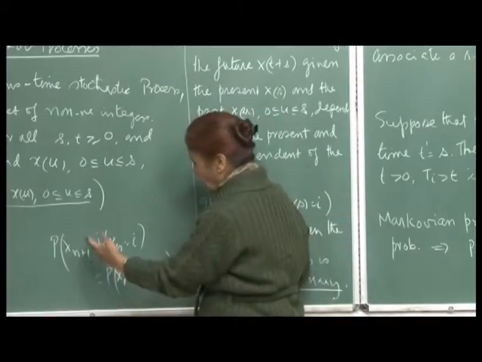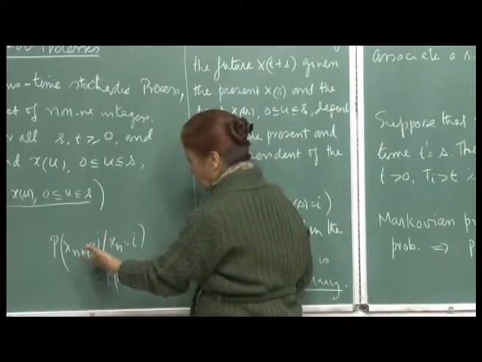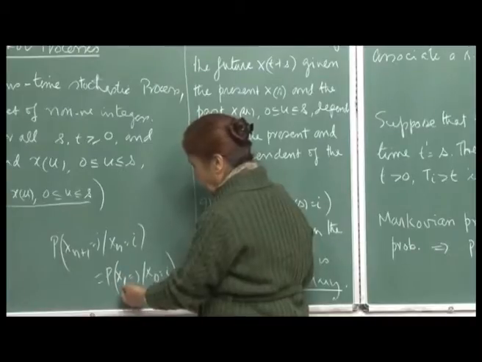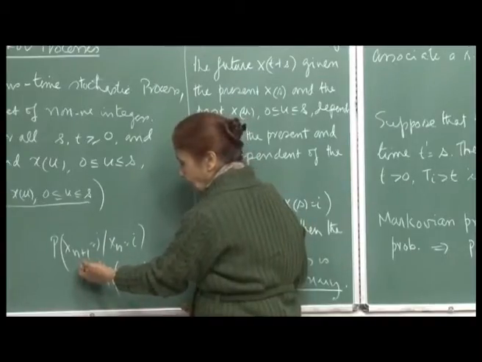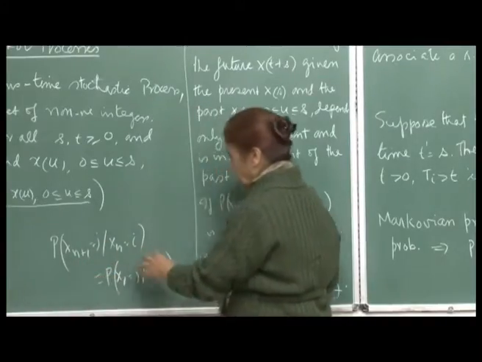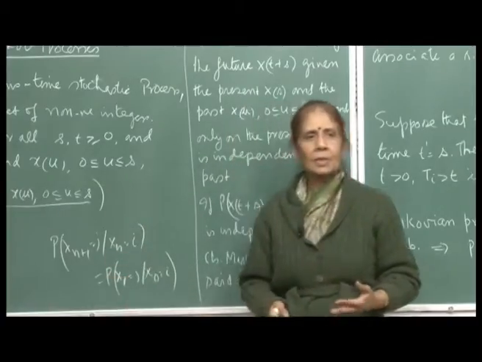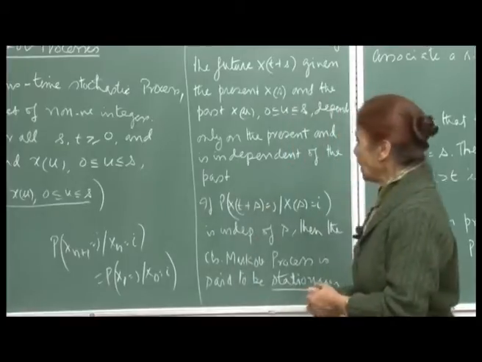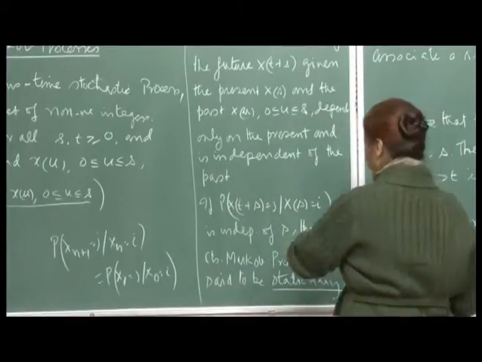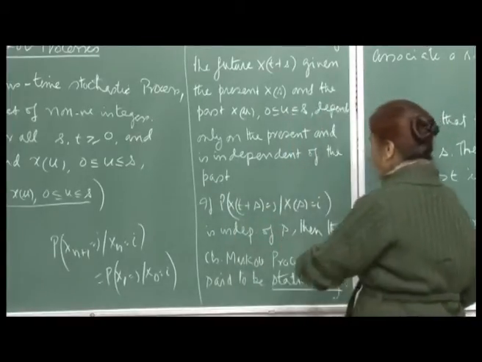It does not matter whether you are considering this conditional probability at time 1 or at time n+1. Then we said the process is stationary, because it is independent of the time. The same property is being carried over here.